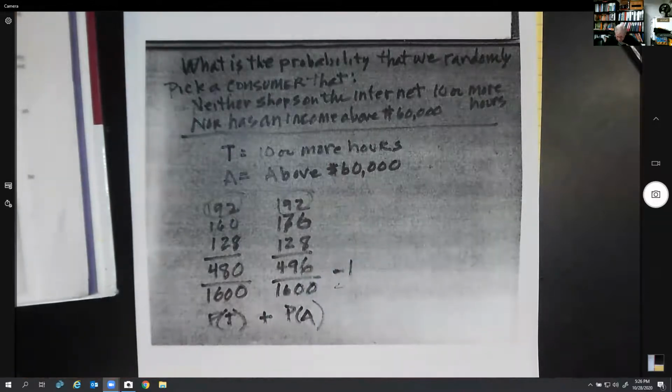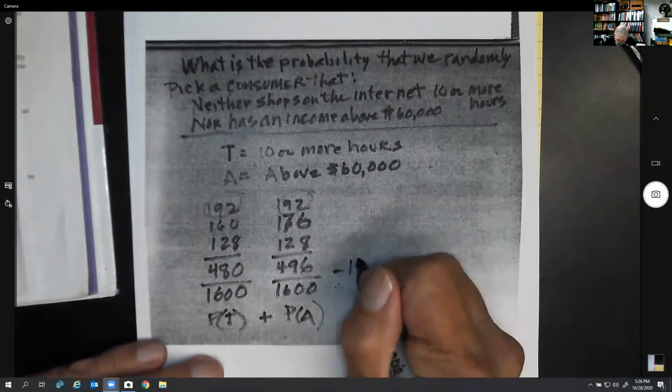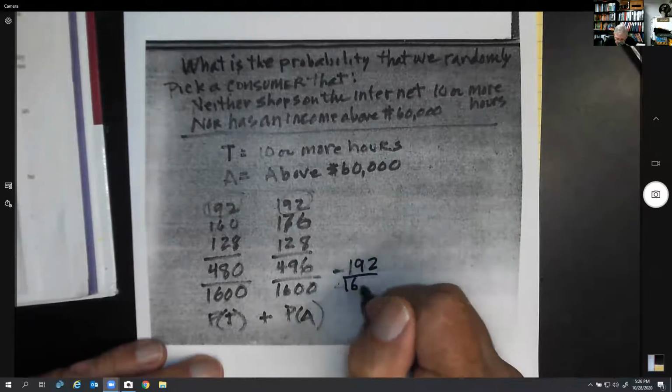We have to subtract off the 192 out of 1600.